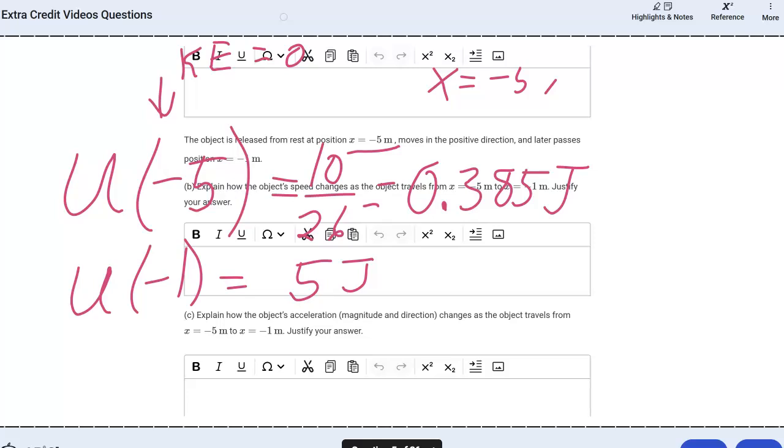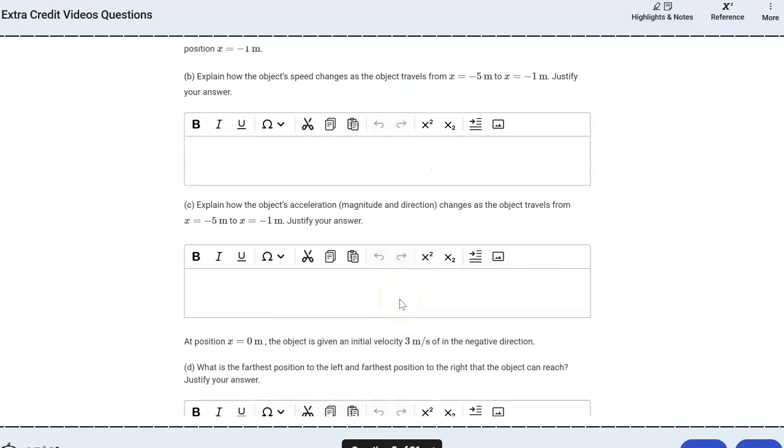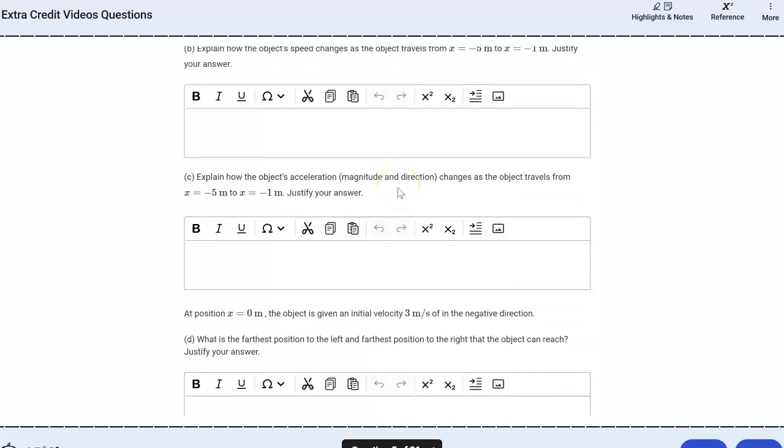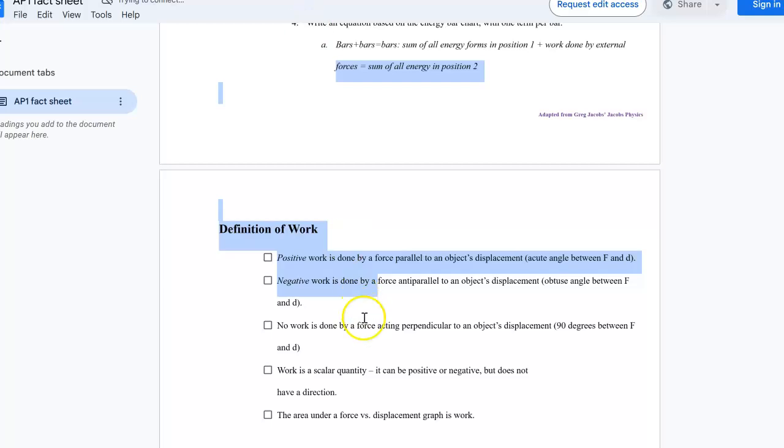Okay. Now let's go to problem C. Explain how the object's acceleration changes as the object travels from x equals -5 to x equals -1. Well, here's where that work physics fact is going to come in. The area under the curve of force versus displacement is work.